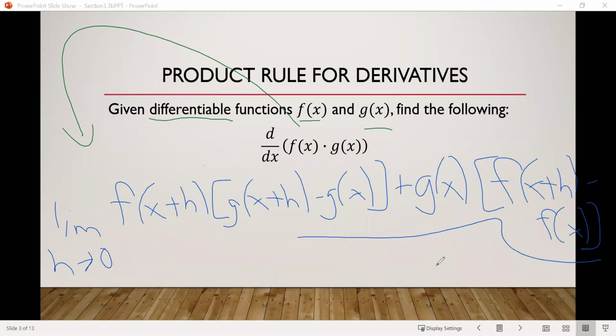Okay, and this is all still over h. All right, cool. Now notice, on the top, we have two things being added together over a common denominator.